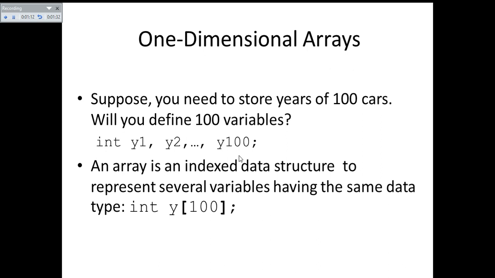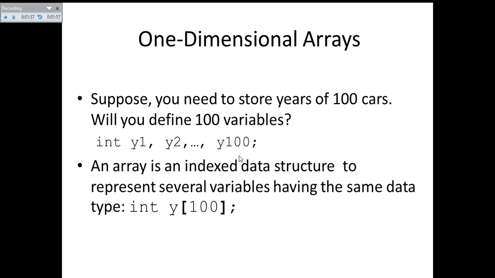So the data structures that represent several variables having the same type have indexes for separate variables. With those indexes we can identify all these different variables with the same name. That representation will be provided to us with the help of the arrays concept.